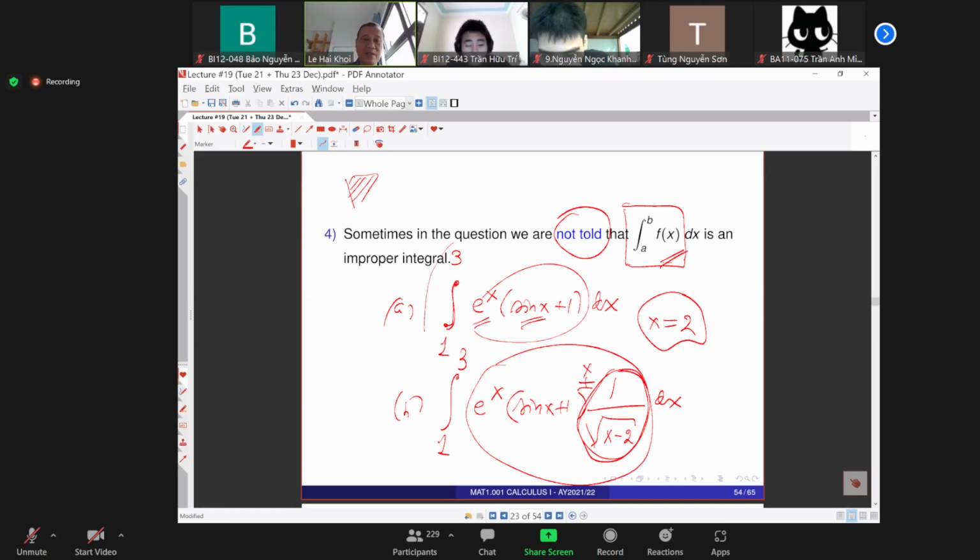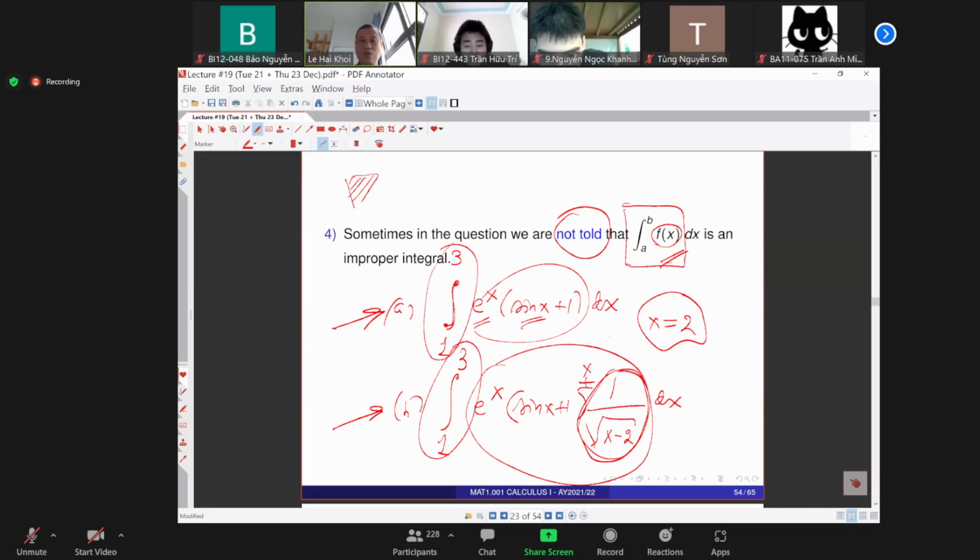The same integrand from 1 to 3, but because f(x) are different, you should understand that this is a definite integral and this is an improper integral of type 2. So that's why I wrote in the question that it may happen that no one tells you that it is an improper integral.